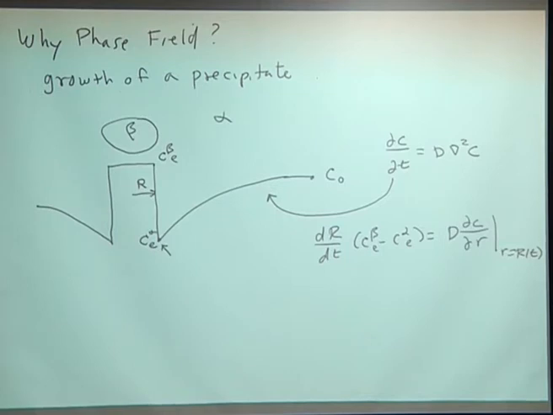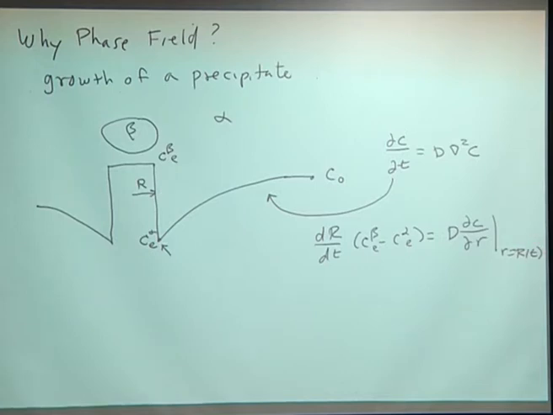But the problem is the following. If you think about how you solve a diffusion equation, let's say you have a bar. You know the boundary condition at one side and the boundary condition at another side. The problem here, however, is that this boundary condition has to be assigned at a position R, which is some function of time.